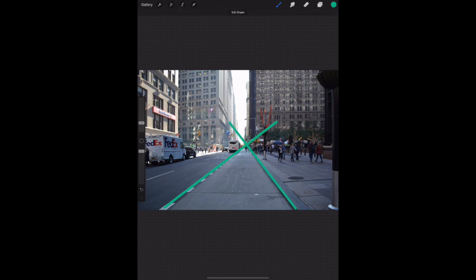If we can follow those to where they cross, you know that that is the eye level, and also somewhere out beyond these buildings, the horizon. The eye level and the horizon are one and the same.